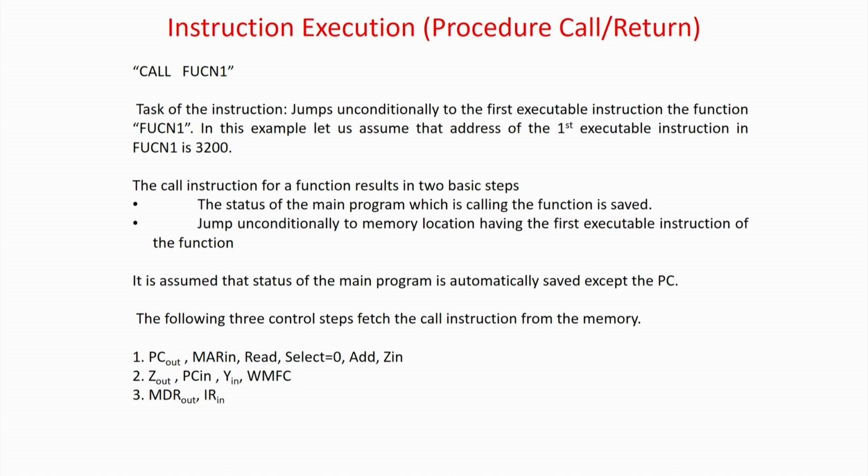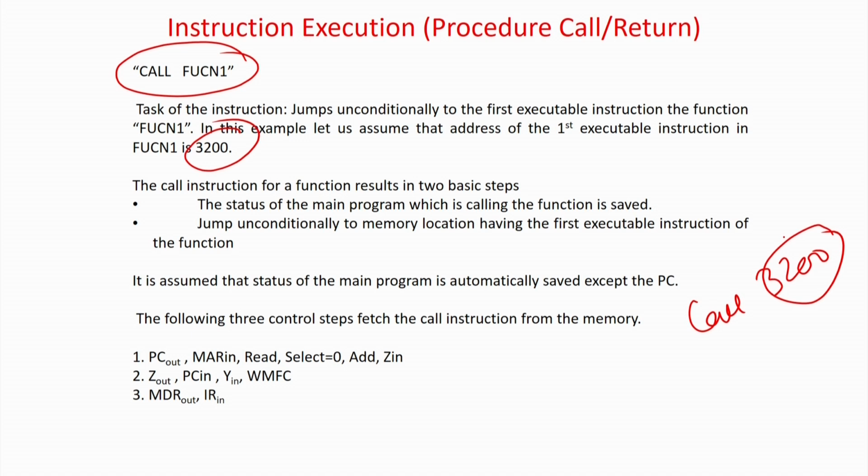So, we will just go for function call and return. For example, we are calling function 1, and function 1 is at memory location 3200. That means we are calling, say, call 3200. The 3200 memory location has the first instruction of that function. Our job is to jump to 3200, that is, load the program counter with 3200.